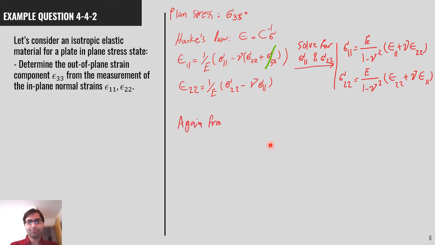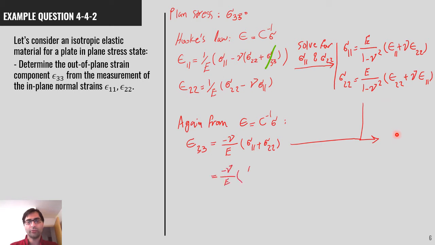Okay, again, from Hooke's law, we calculate this time epsilon 33 based on sigmas, and we already know that sigma 33 is 0. So we already calculated sigma 11 and 22 based on epsilon 11 and 22.